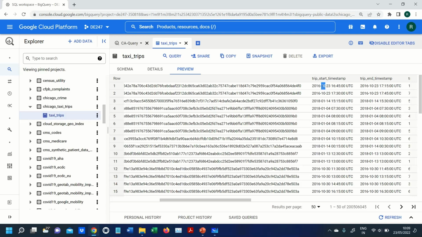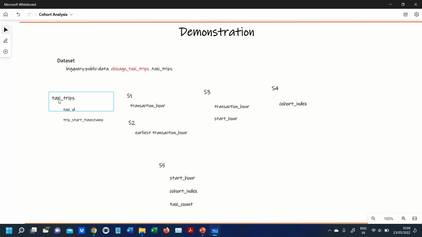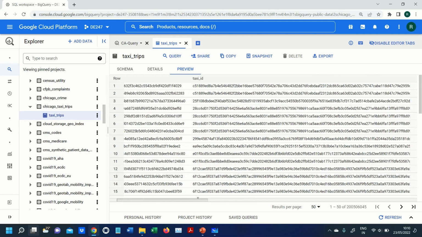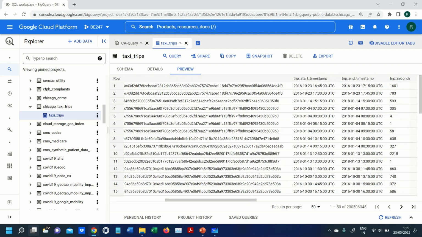My approach is that first I take these two fields. These are the only two things required for our analysis: taxi ID and taxi start timestamp. So this is the taxi ID and trip start.